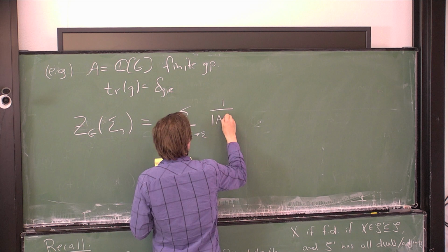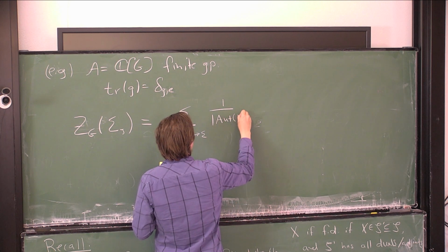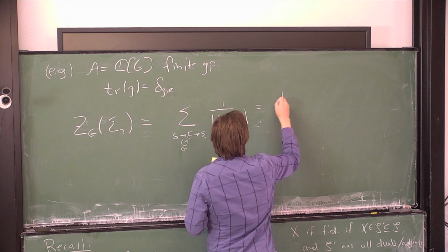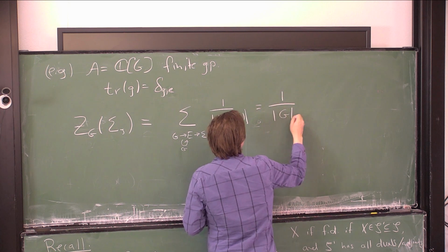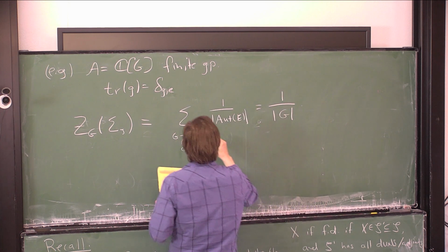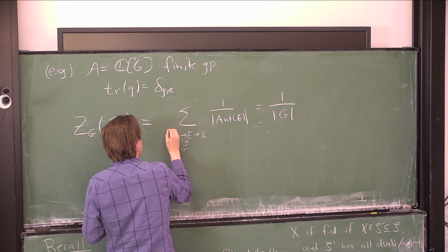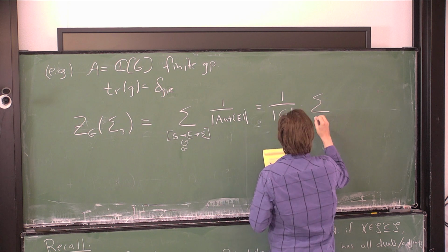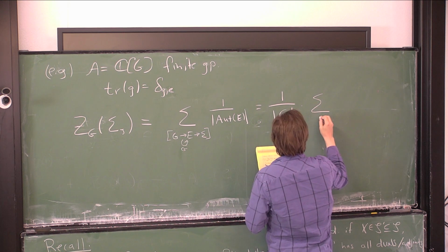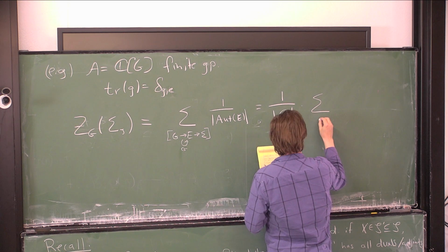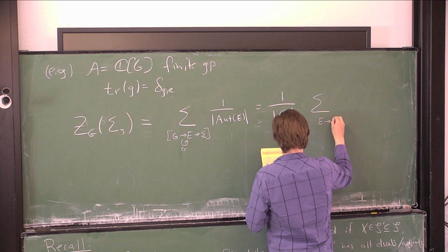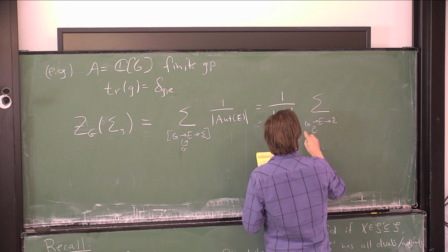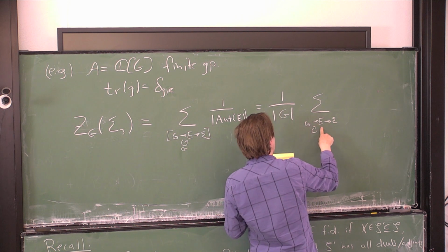We take 1 over the automorphism group of the principal bundle, or we could write this as 1 over G, sum over isomorphism classes, or we can rewrite this as the sum of 1 over G times just the sum where I don't mean isomorphism classes.